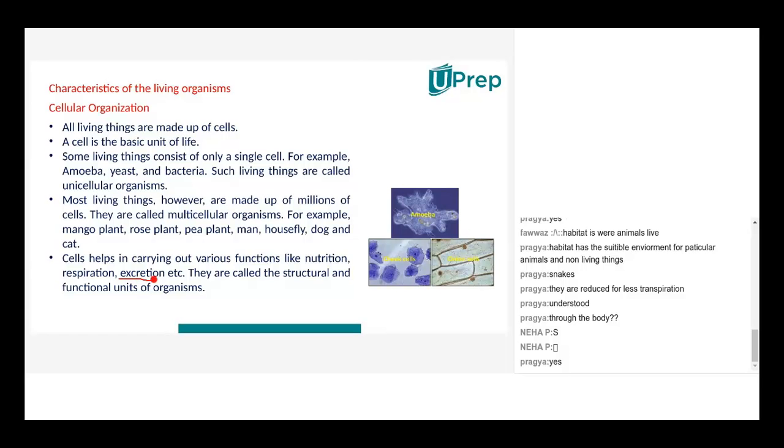Now coming to excretion. Similarly, how does amoeba or any unicellular organism excrete? Same way, they excrete through osmosis. What is osmosis? Osmosis is when certain liquid substances pass through the same semi-permeable membrane. For example, this is the amoeba, right?